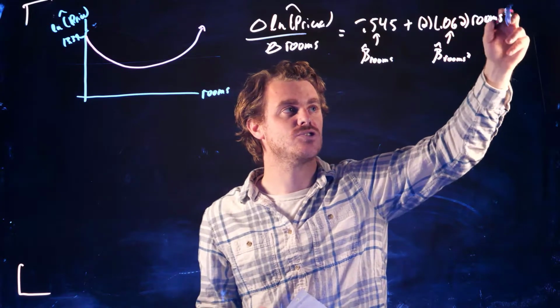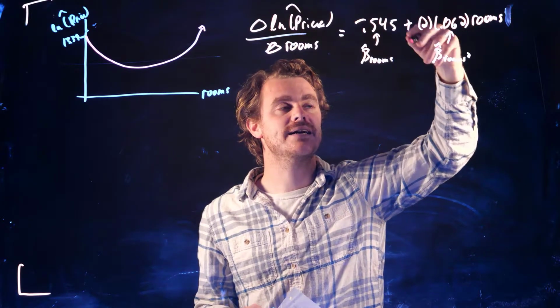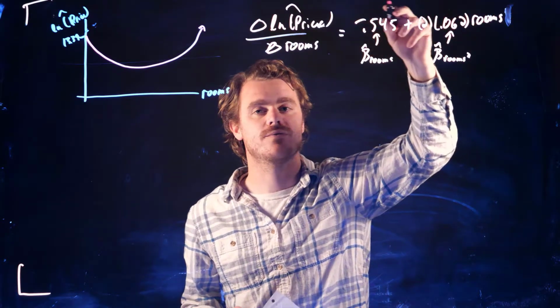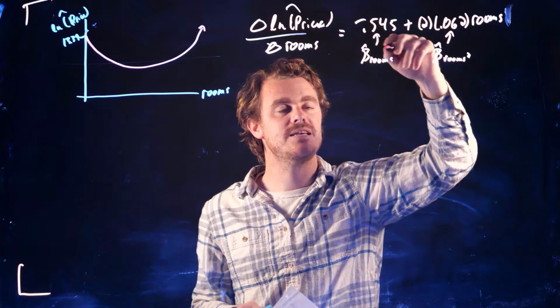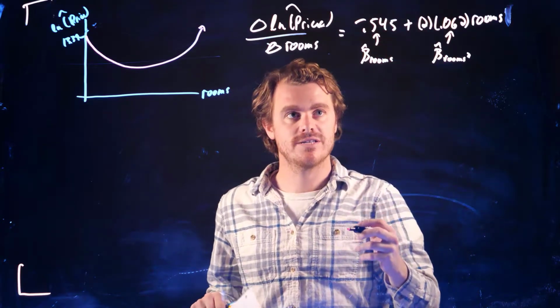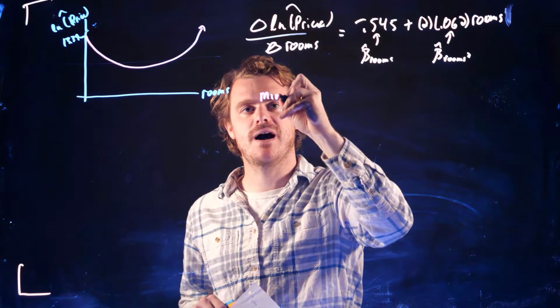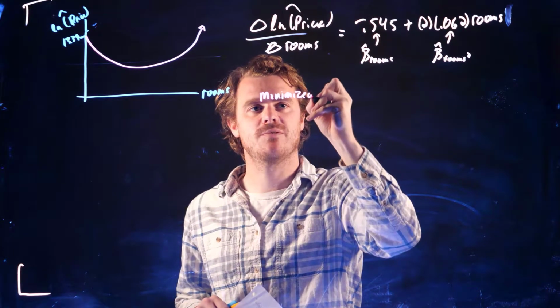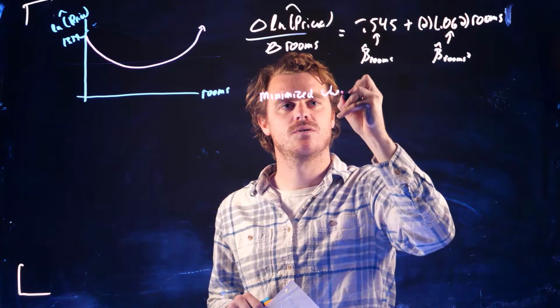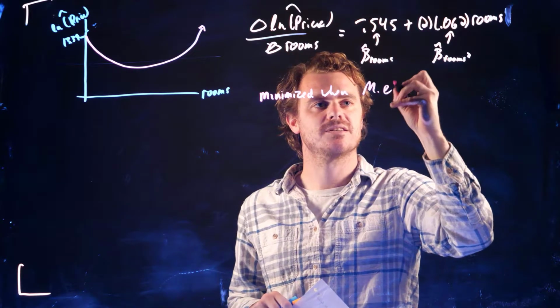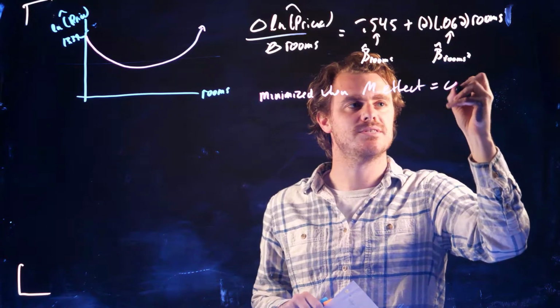As soon as we get to a certain number of rooms, the second term is going to overpower the first one. We can just see what that number is. We're going to see that this is minimized, because of the shape of it, when the marginal effect equals 0.